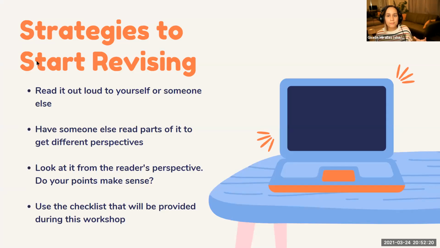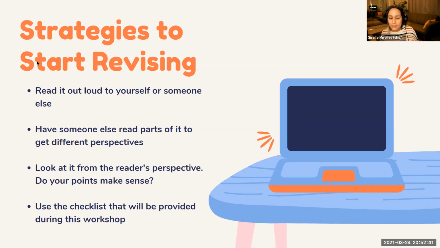So, here are some simple strategies to help you start revising your essay. The first thing that you can do is just to read it out loud to yourself or someone else. Often we don't realize how many writing errors we can catch just by simply reading out loud our work to ourselves.